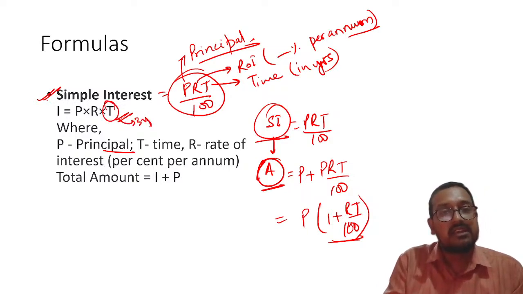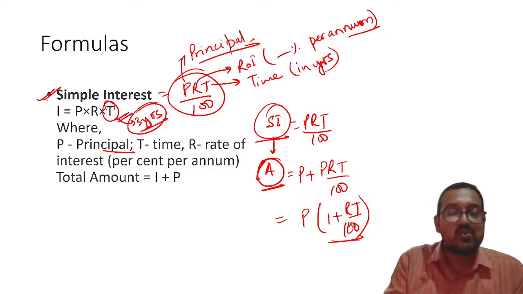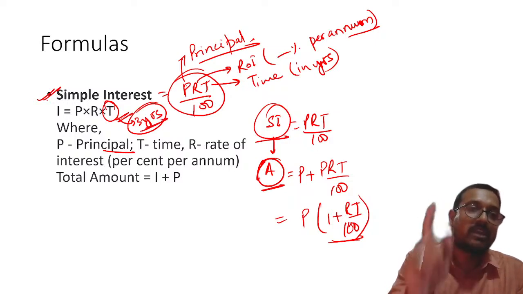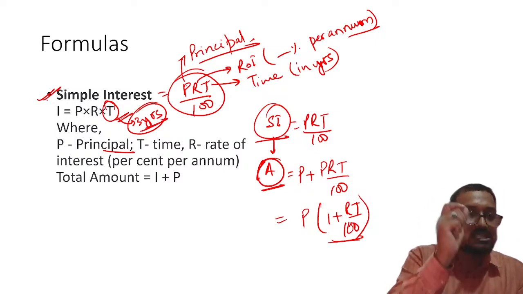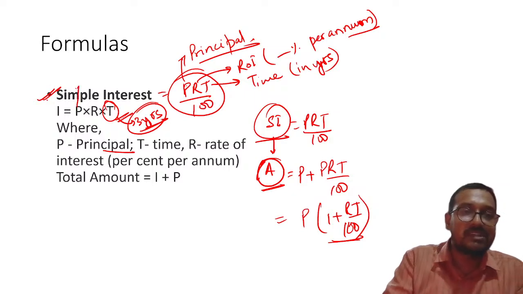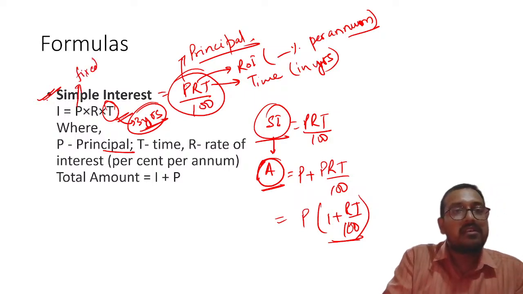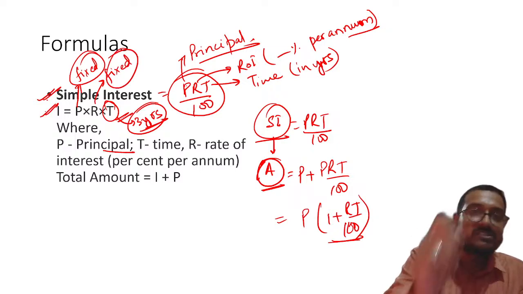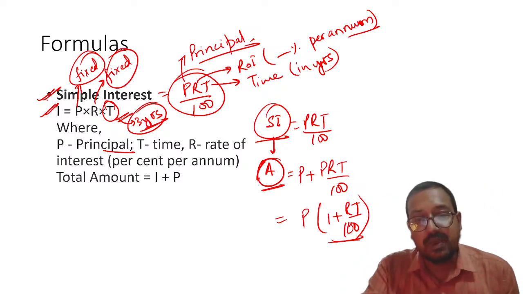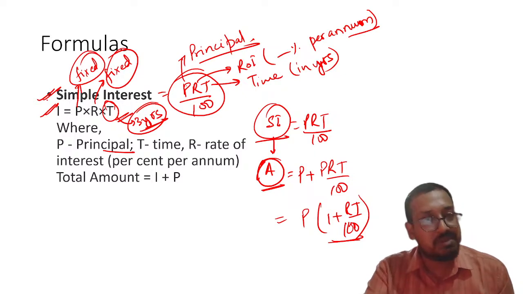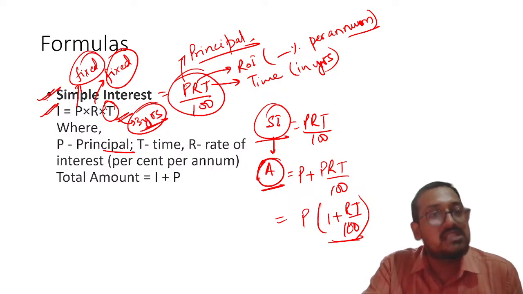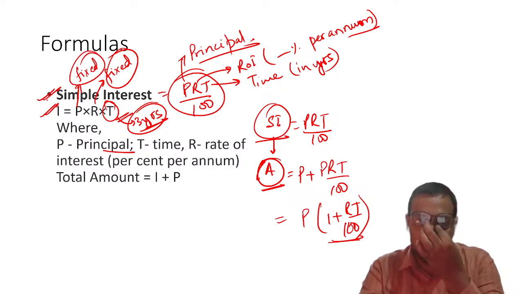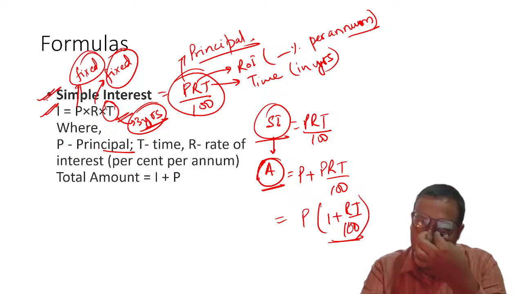This 3 years will be fixed, the principal will be fixed, and the rate of interest is fixed. So since both are fixed, I know that every year I have to pay a certain amount of simple interest. Understood by everyone? Time is fixed in simple interest. Sorry, time and principal.